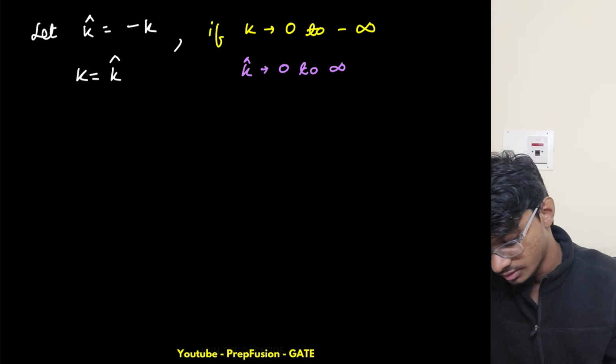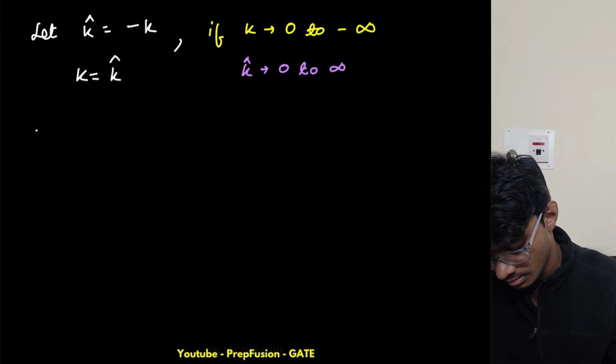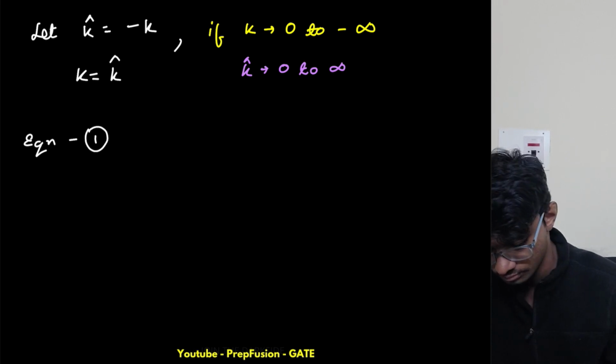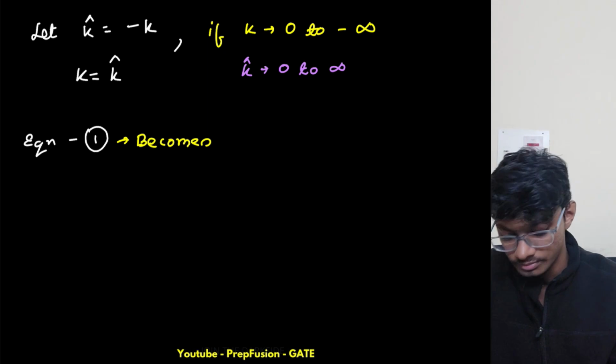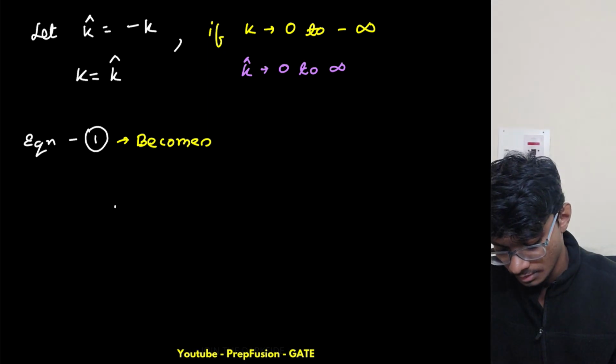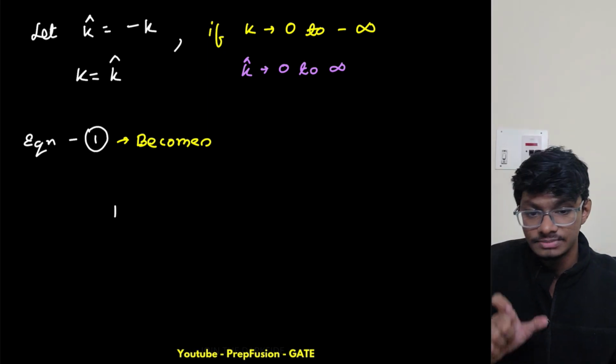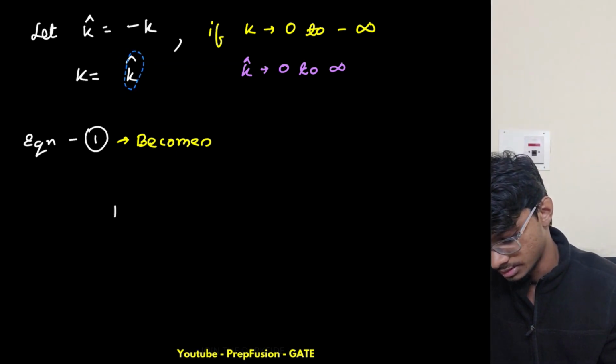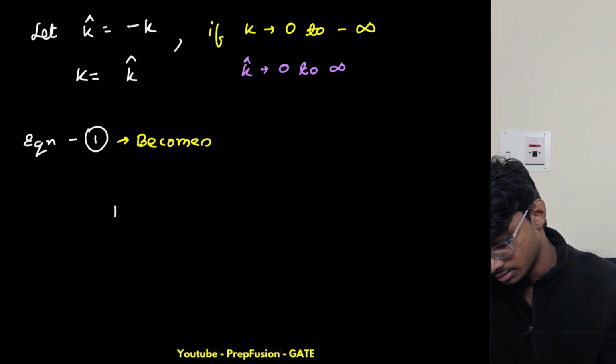So equation 1 becomes, I will replace my k with, sorry, this is minus k hat, really sorry.